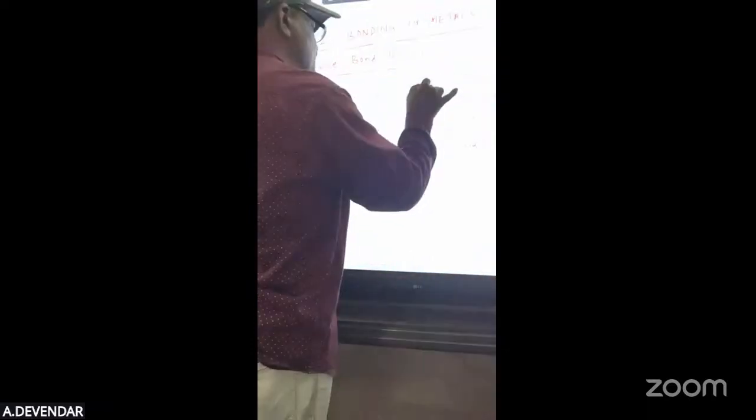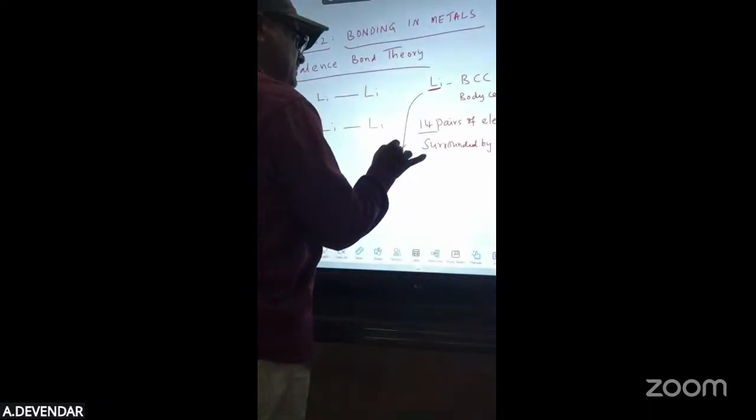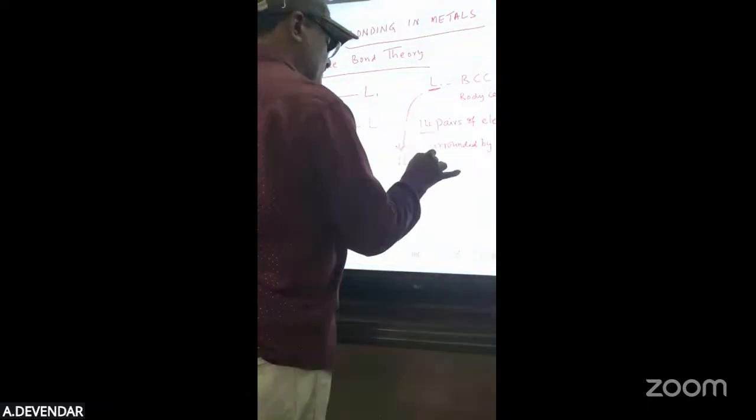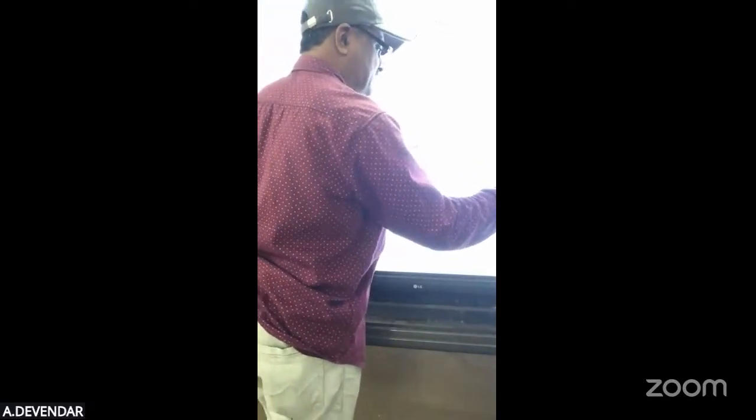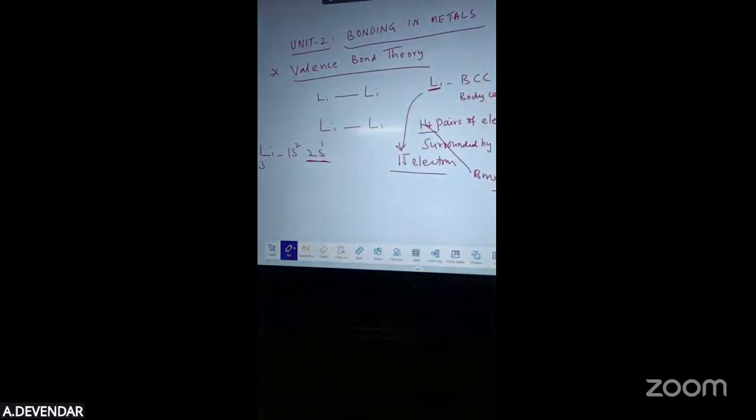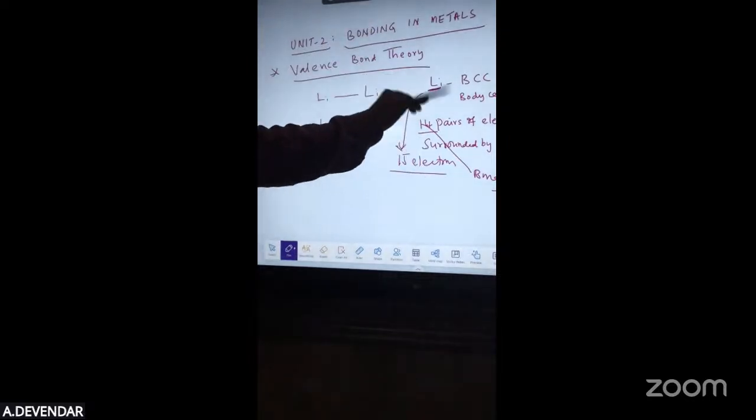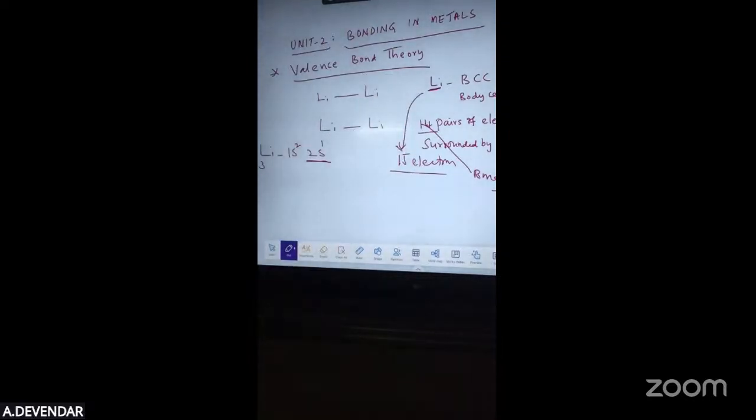In total, this particular atom has 15 electrons available for bond formation, but the formation requires 28 electrons. So the body-centered cubic lattice will be surrounded like that around the lithium atom.